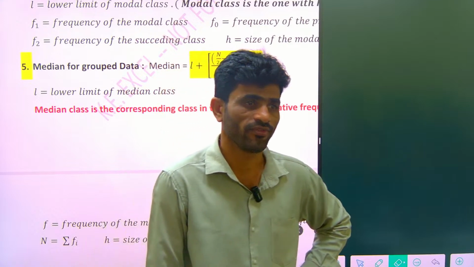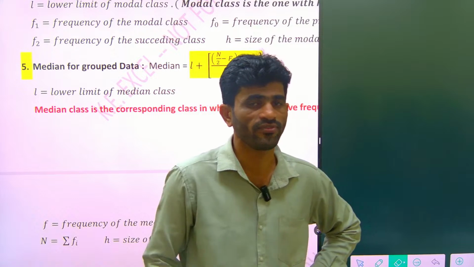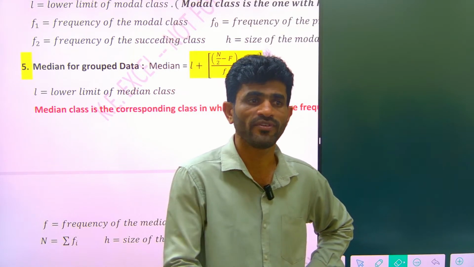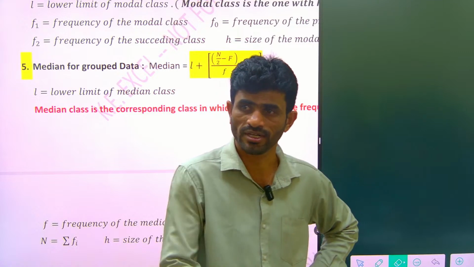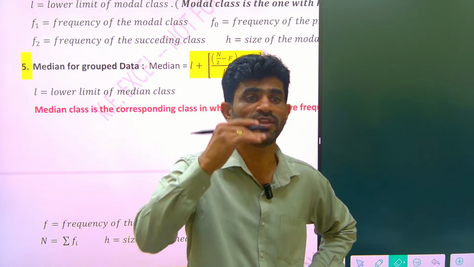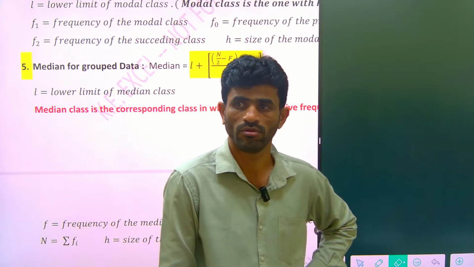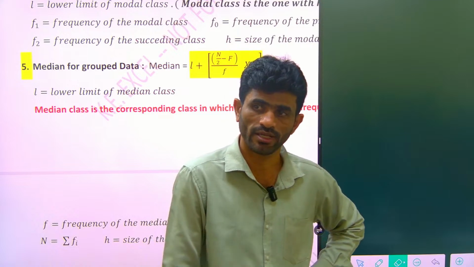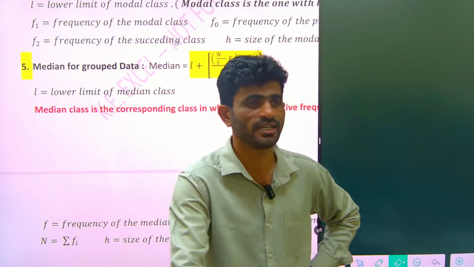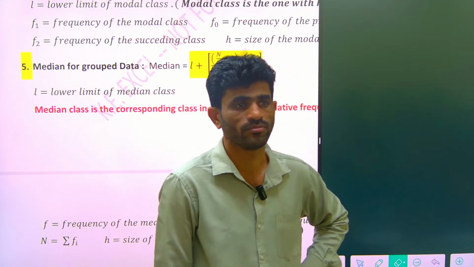Above the F1, the frequency of the class preceding the modal class, or the frequency of the class previous to the modal class. In your mind remember it is the previous frequency. If F1 is there, its preceding frequency will be F0. Understand? How do we take F2? Below the F1, its succeeding frequency. The frequency of the class succeeding the modal class is F2.